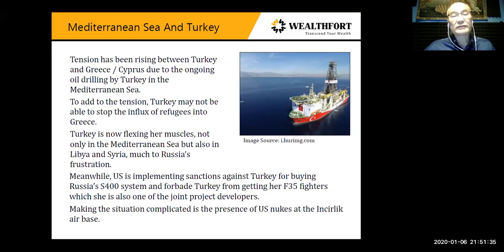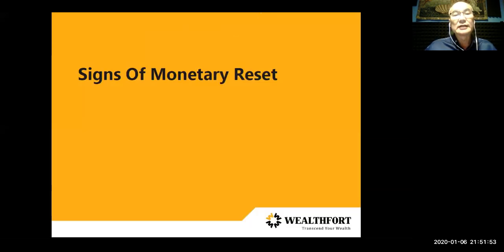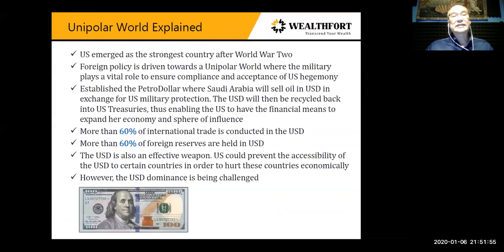But then Turkey's recent infringement into Libya also frustrates Russia, because Russia is working on a big deal in Libya as well. So there seems to be some tension flaring up along North Africa, Syria, as well as Southern Europe.